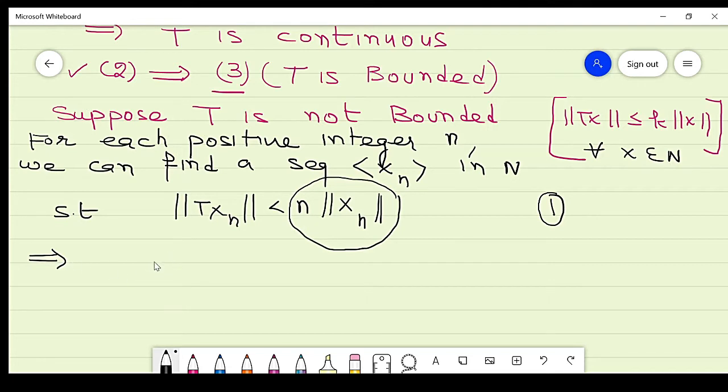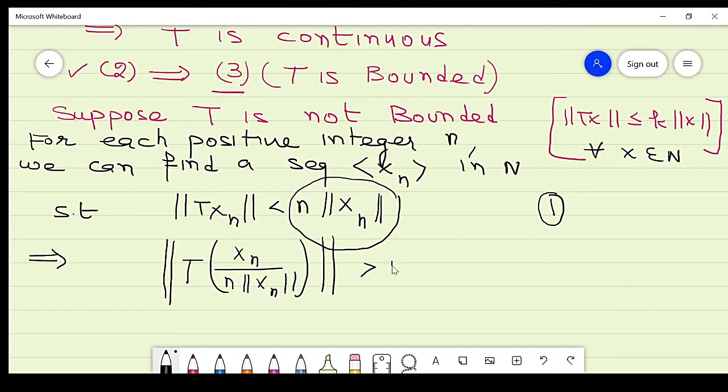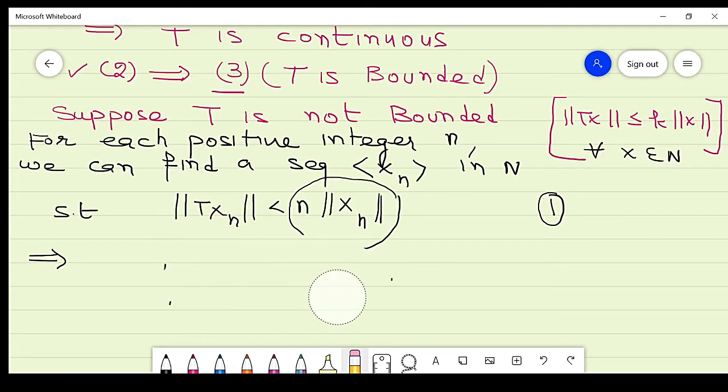So this can be written as norm of T of xn over n into norm of xn, and this is greater than 1. Clear? Understand this step. So I will write it in 2 steps. First as a multiplication, second then it will be shifted in this form.